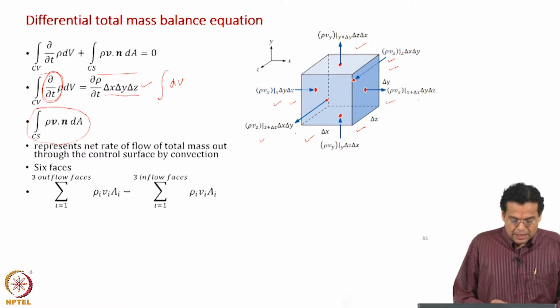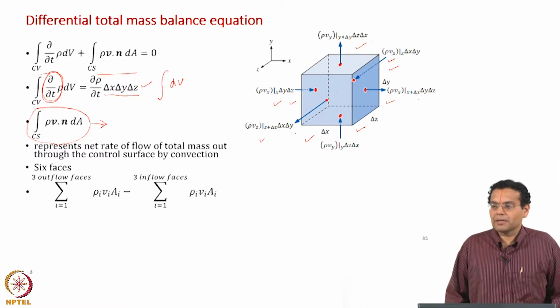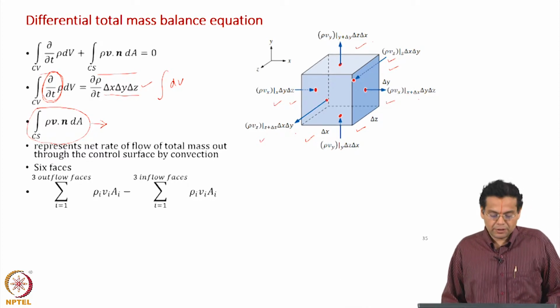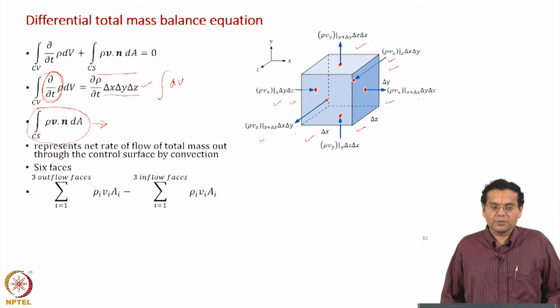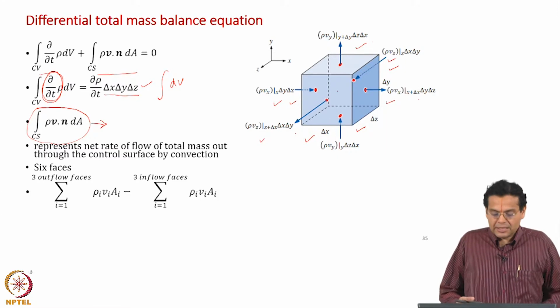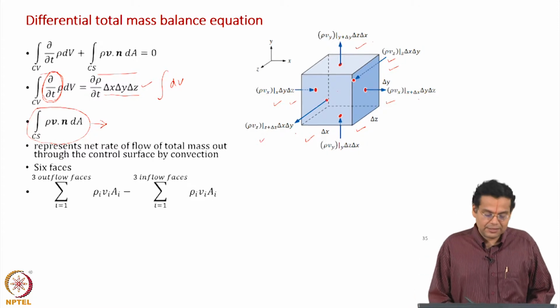Now, remember we expressed this in terms of mass flow rate, namely m dot. We also expressed it in terms of rho i, V i, A i. Obviously, here we should express it in terms of densities, velocities and areas rather than mass flow rate. M dot has no relevance here.